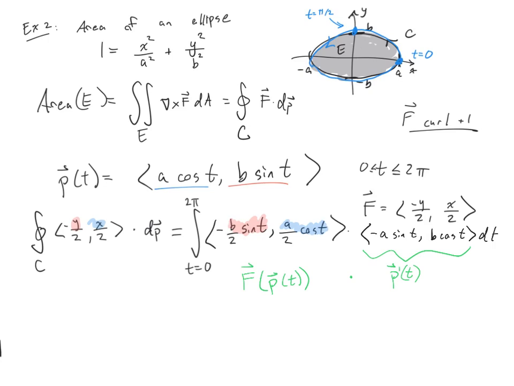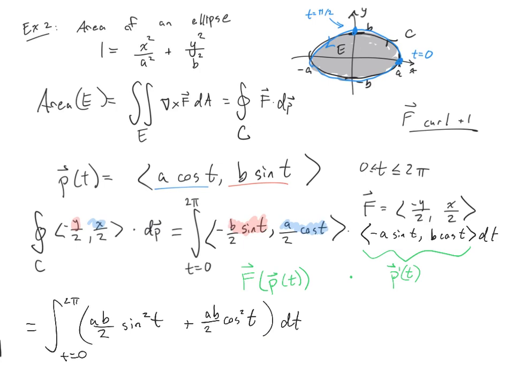So now let's expand this integral. If I do the dot product, I get negative sine squared a times b over 2. So t equals 0 to 2 pi, ab over 2 sine squared t plus ab over 2 cosine squared of t, and then times dt.